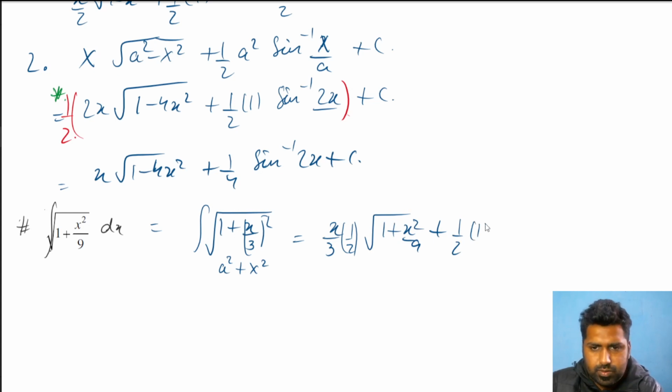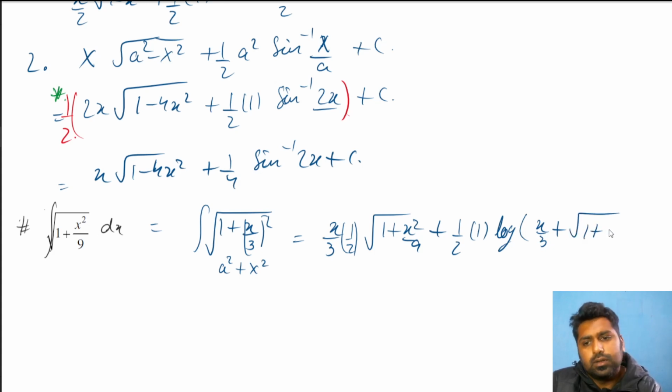So 1 square is 1. Then comes log of, if this was in the denominator, the answer would have been log of x or capital X, which is x by 3 plus the same square root 1 plus x square by 9, plus c, of course.